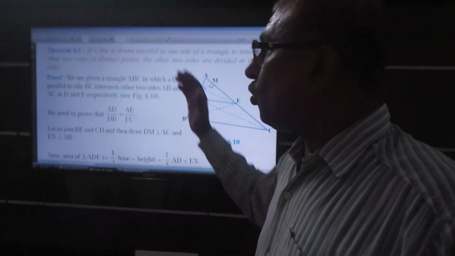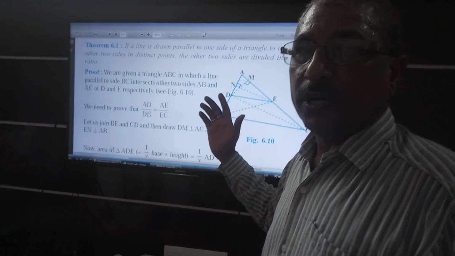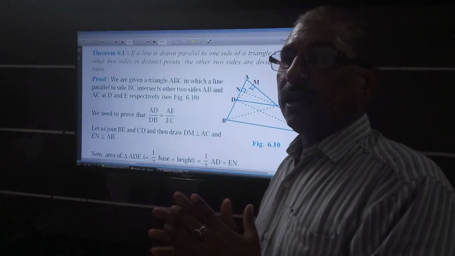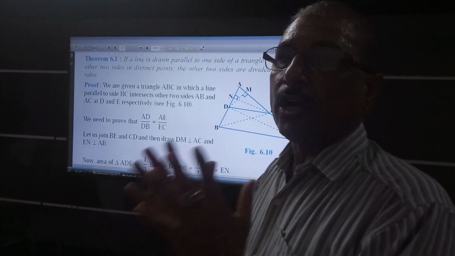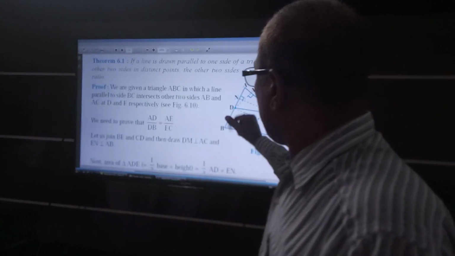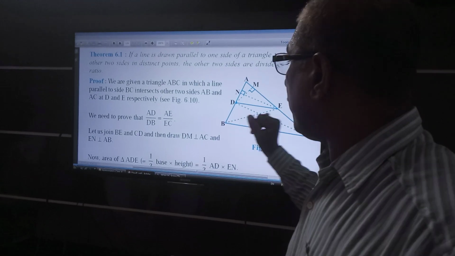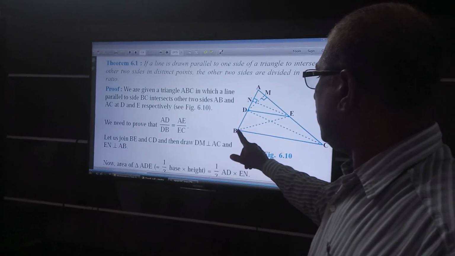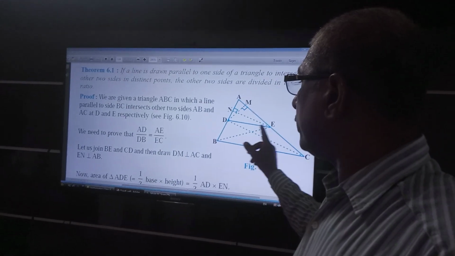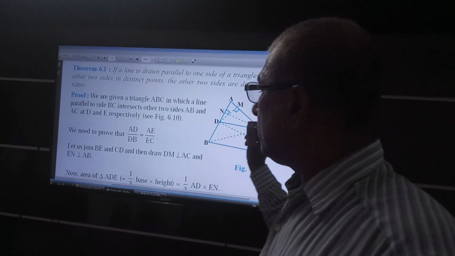So what is the basic problem? You don't have any theorem to prove this one. So we will just see the 9th class topic, that is the area concept. First we do the construction. What construction do you do? Just join CD and BE, so that it becomes a triangle.